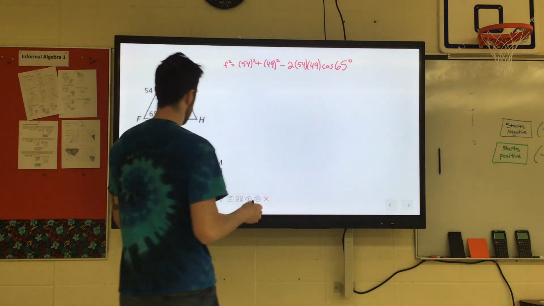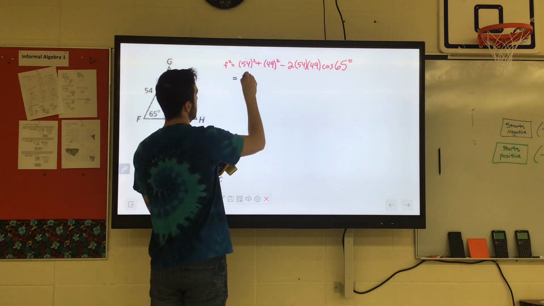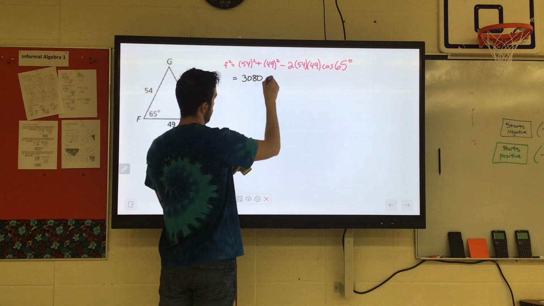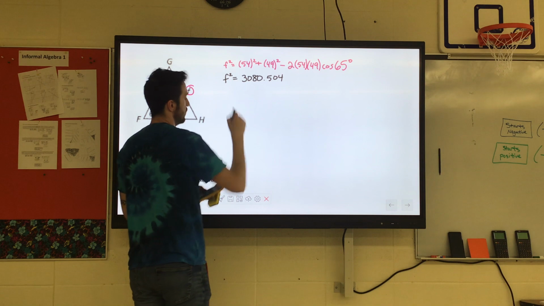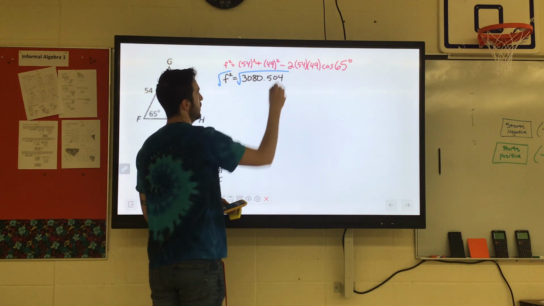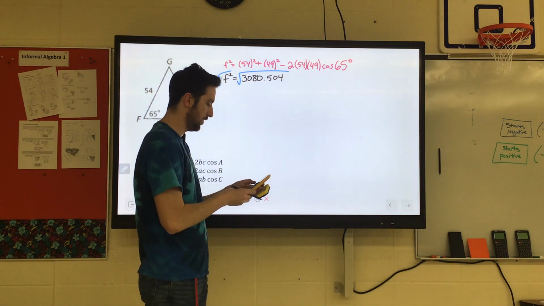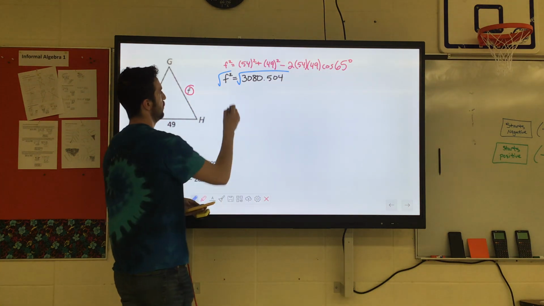All that right side in my calculator came out to 3080.504. Now that's F squared, so we still have to square root it. So you can probably just hit square root in your calculator, and then maybe you have an answer button and it'll throw that answer back in there. So square root answer came out to 55.5 for F.